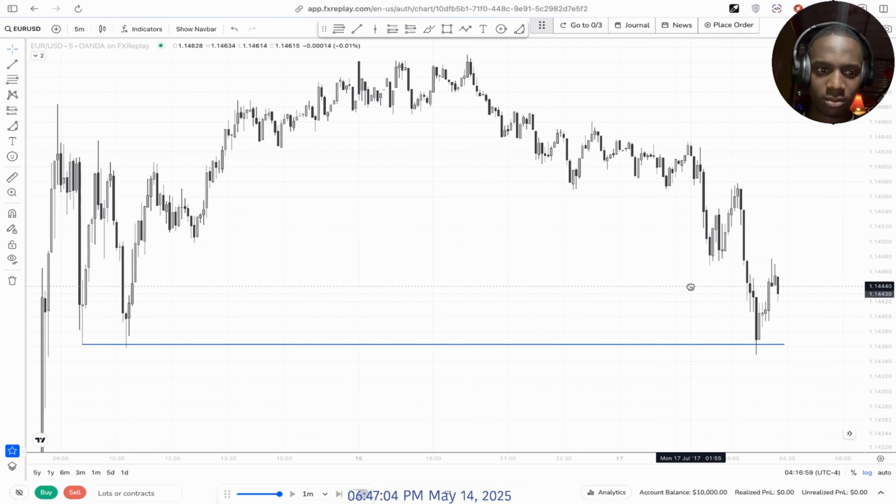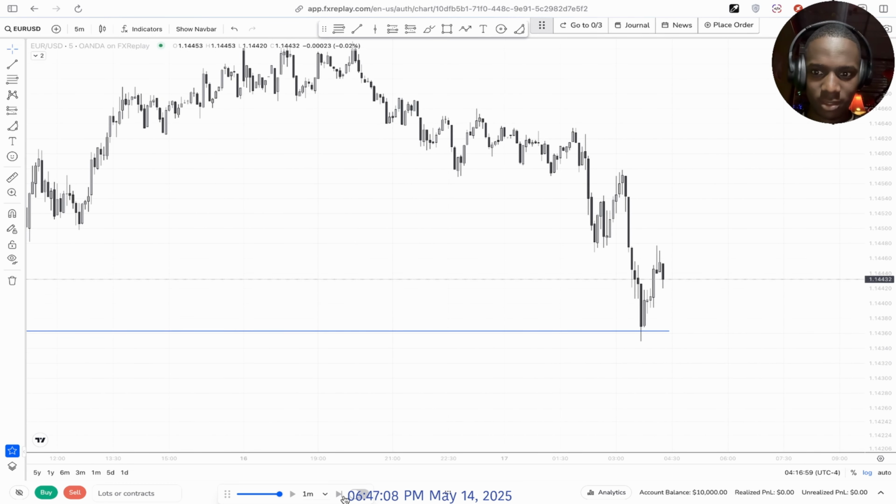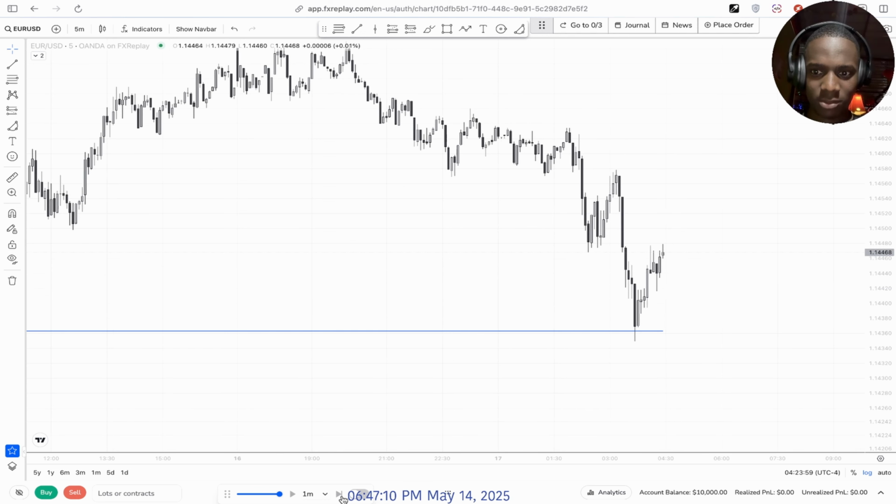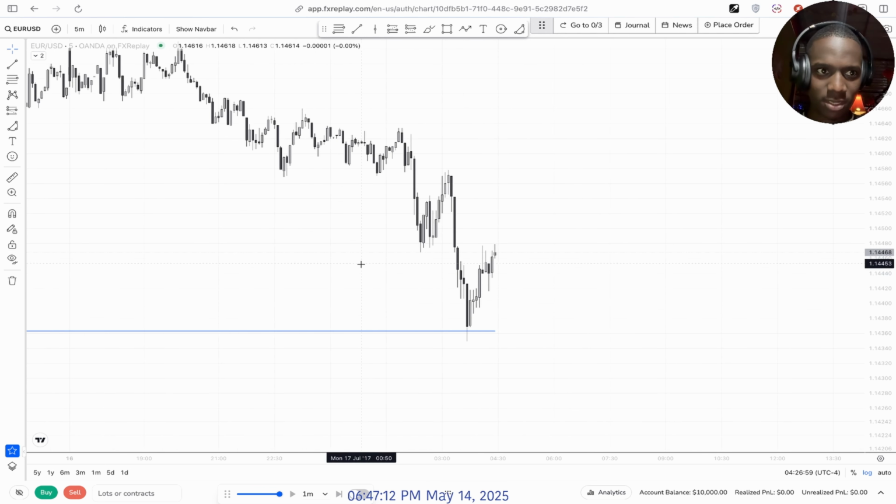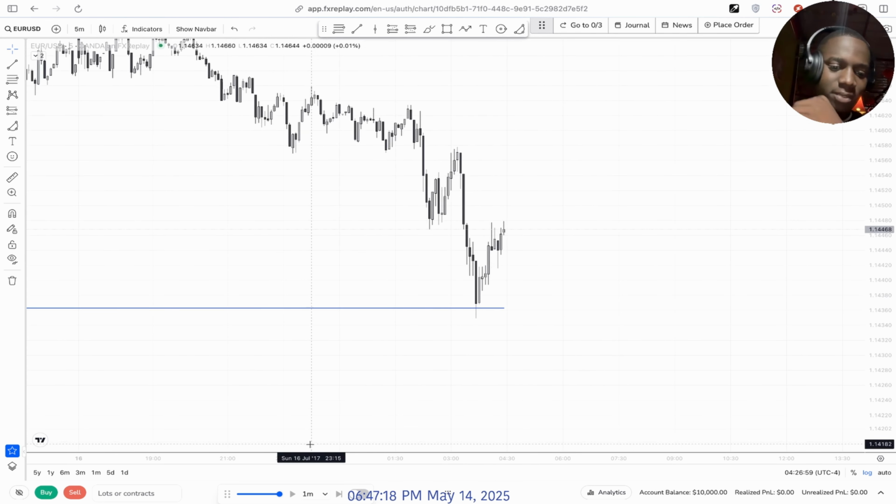Okay, so our liquidity has been taken out. Let's see what the market is planning to do next. You can see some lows have been shifted. Fair value gap right here. We are reacting to it, but we can't enter just yet.